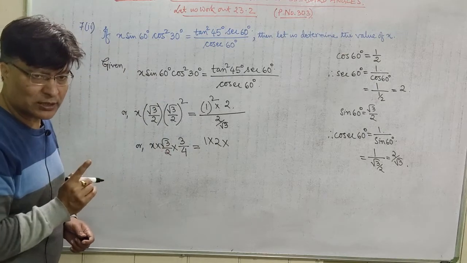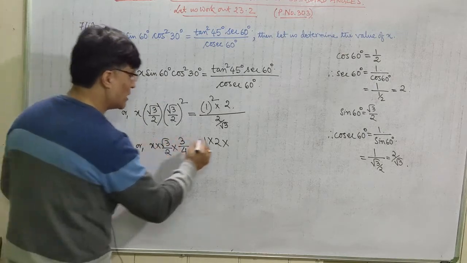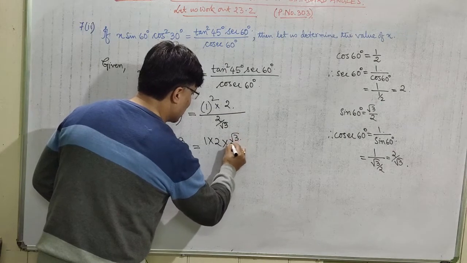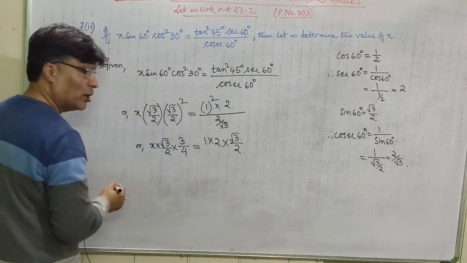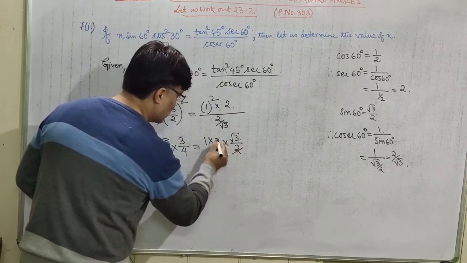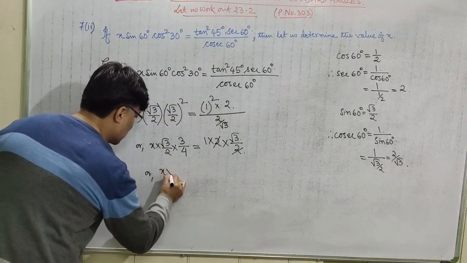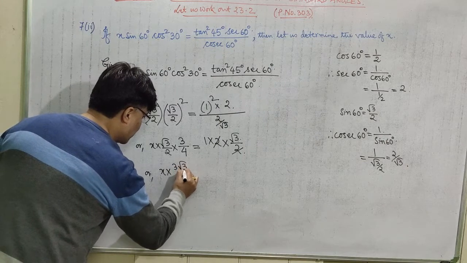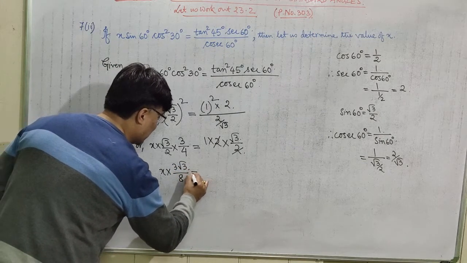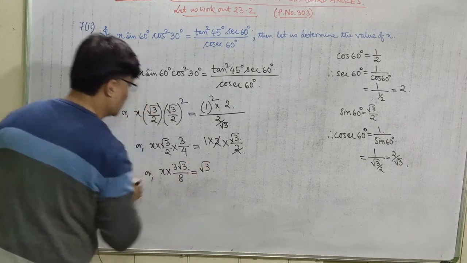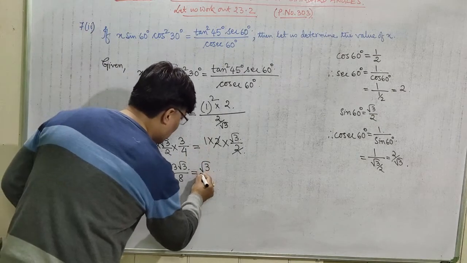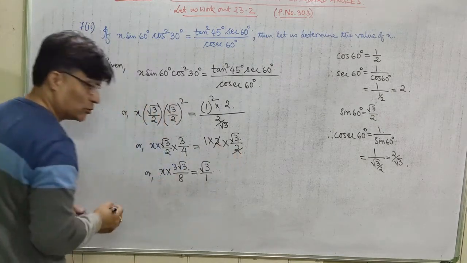Which is in the denominator, if it goes up in the numerator, it becomes upside down, that is root 3 upon 2. So here you can cancel, 2 gets cancelled. Now this is x into 3 root 3 divided by 2 fours are 8, is equal to root 3. So below root 3 there is 1. 2 ones are 2, 2 ones are 2, right?